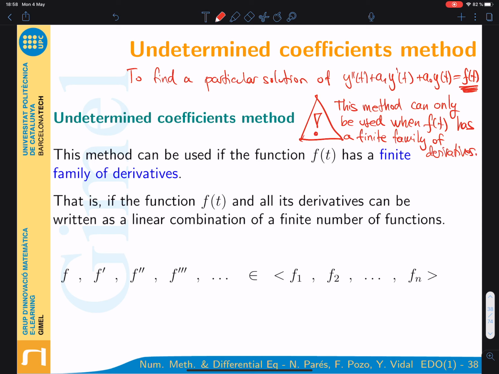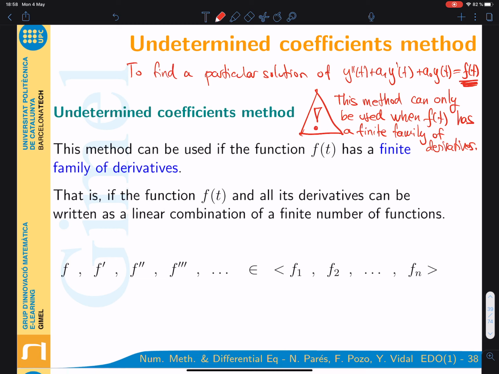So this method cannot be used always, okay? It really needs f of t to be of a specific type. We will see now what we mean with a finite family of derivatives.